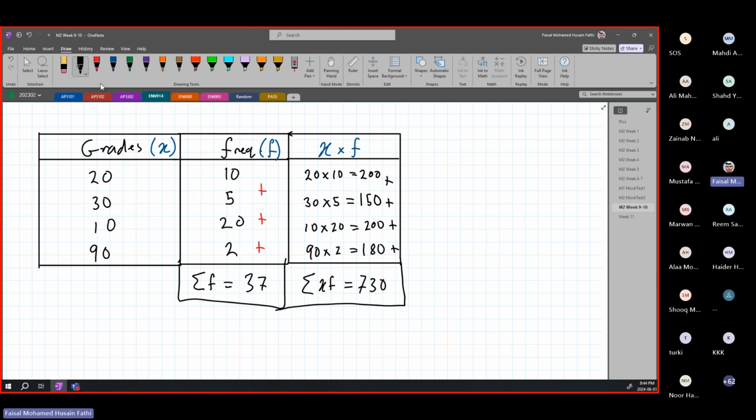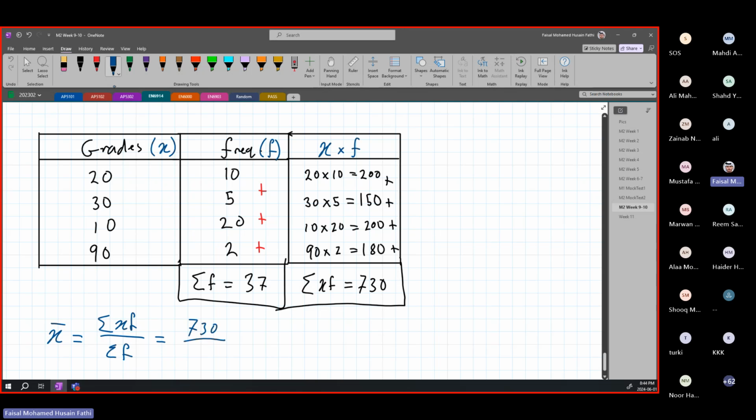So up to this point, you know how we got all of this, and then we calculated the mean as well. So x bar is going to be equal to sigma xf divided by sigma f, which is equal to 730 divided by 37. It was 19.73. Okay, this was the value that we got earlier.